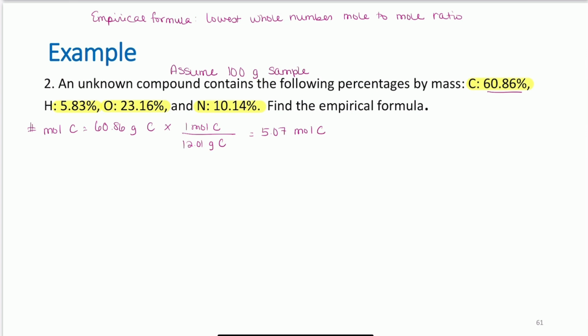I'm going to do the same thing for hydrogen, oxygen, and nitrogen. So number of moles of hydrogen, 5.83 grams of hydrogen. 1 mole of hydrogen is 1.008 grams of hydrogen.